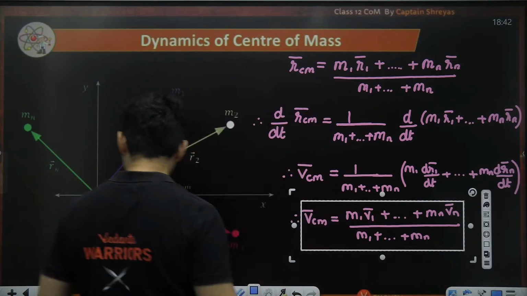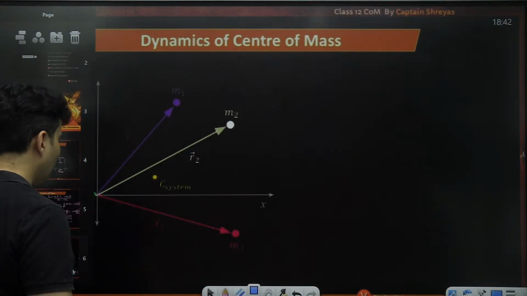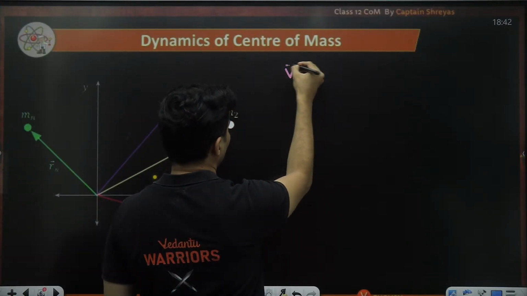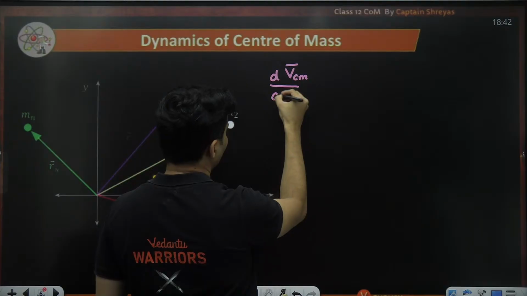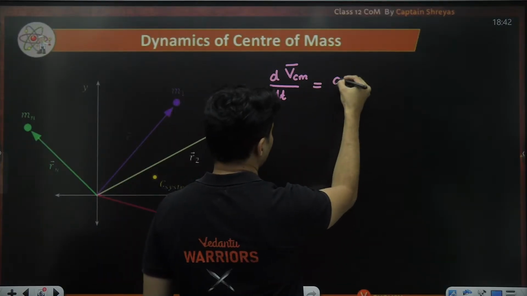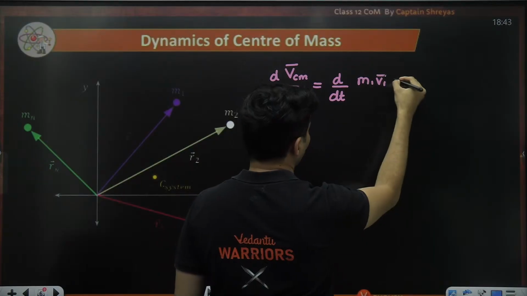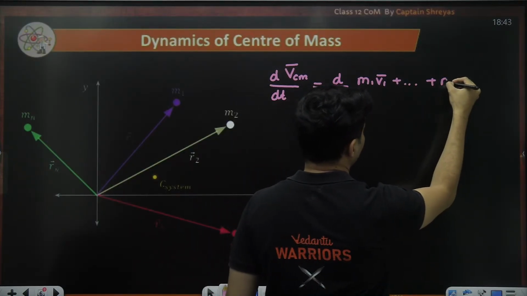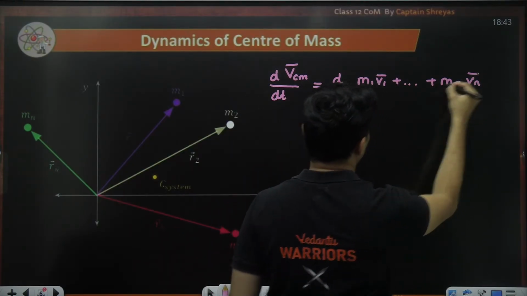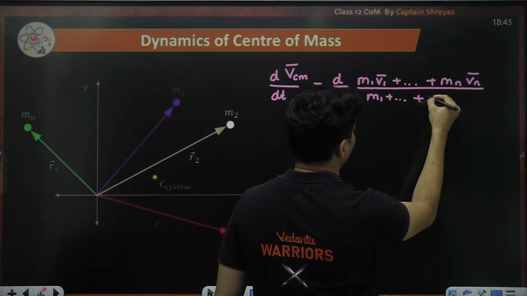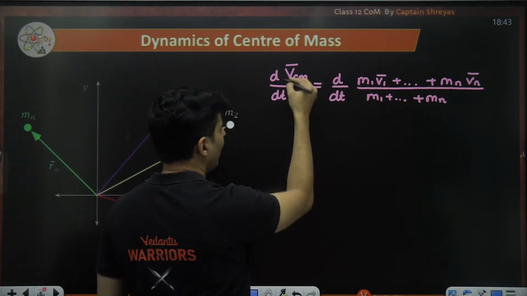Okay. Now, if I take that velocity and further differentiate it, imagine I take the velocity of the center of mass and I differentiate this over here. I will also have to take the derivative on this side, which is m1 v1 like that till mn vn vector, the whole thing divided by m1 plus m2 like that till mn. What will happen?